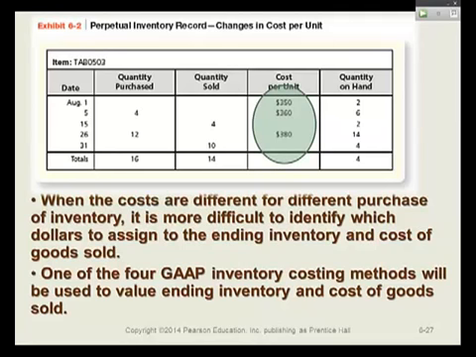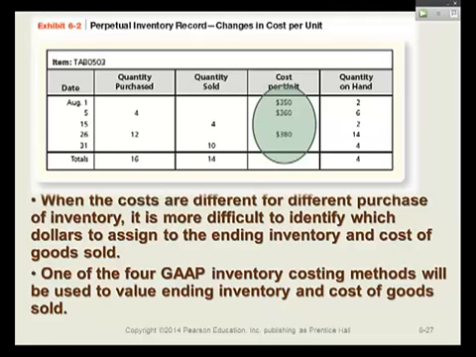So you purchased 6,000, and the total goods available for sale is 6,700.